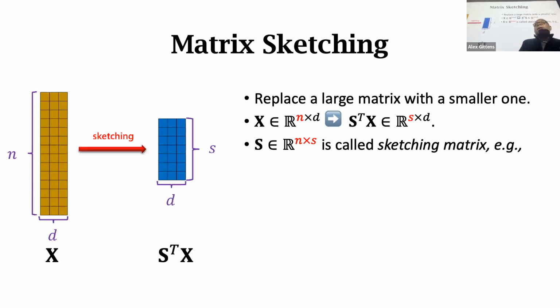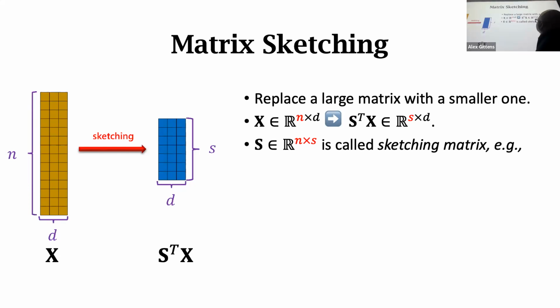And the idea of sketching is we assume that we have a lot of data, but there's some sort of low rank structure or something that allows us to keep the same information in a much smaller amount of data. And here we're going to use linear sketching. And the idea is to replace your large matrix with a smaller one.